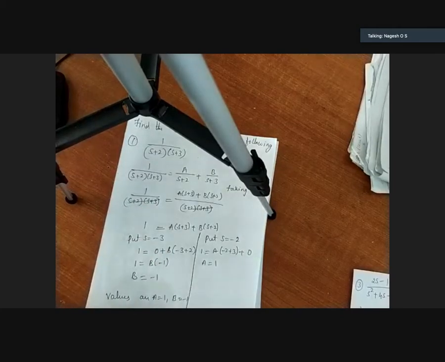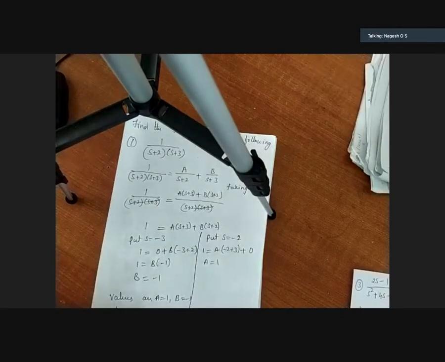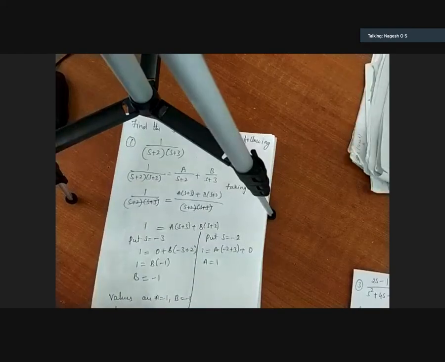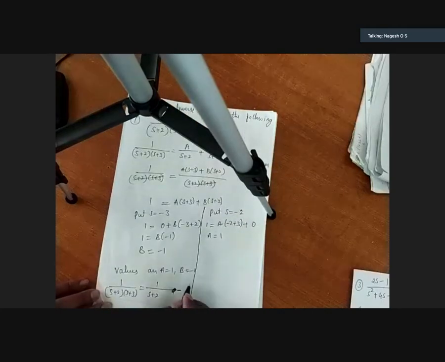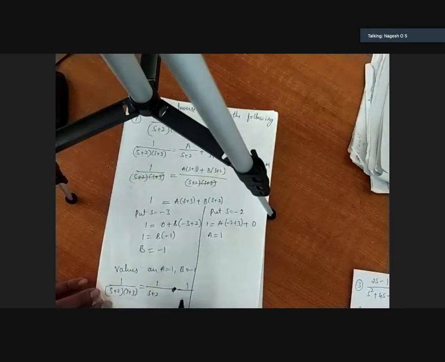So 1 by (s plus 2)(s plus 3) reduces to 1 by (s plus 2), and in place of B, minus 1 by (s plus 3).